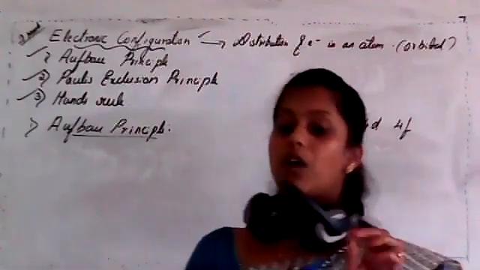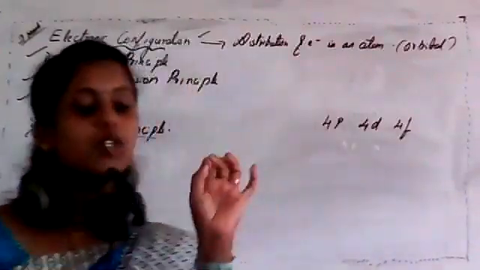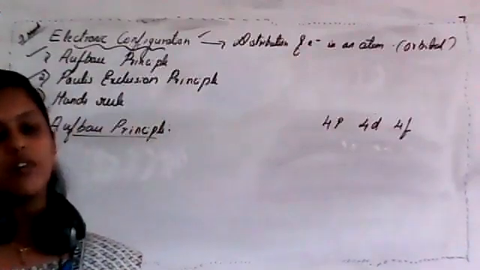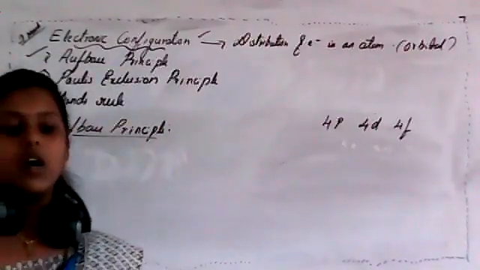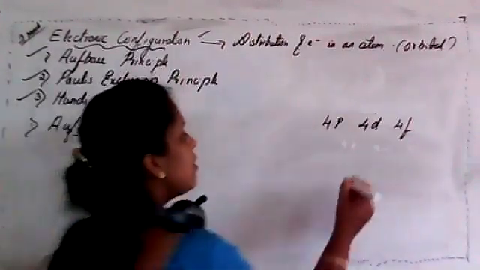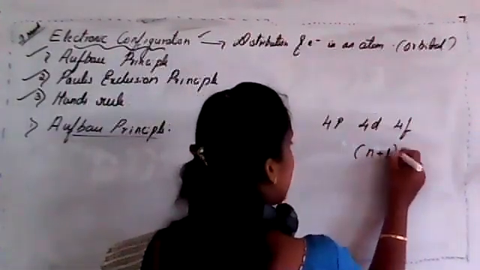And we know the formula to calculate the energy of an orbital, isn't it? What is the formula to calculate the energy of an orbital, student? Yes, that is the n plus l rule.